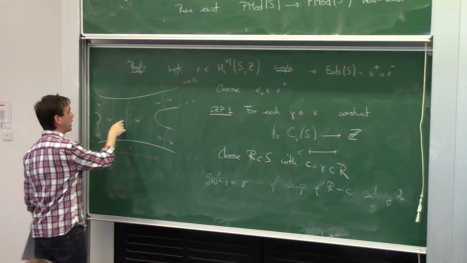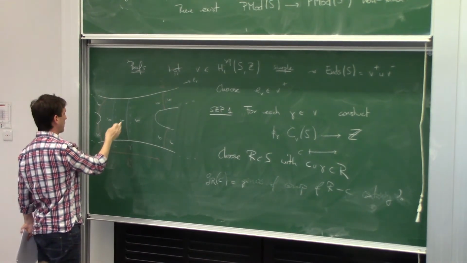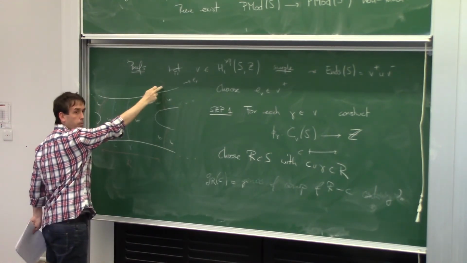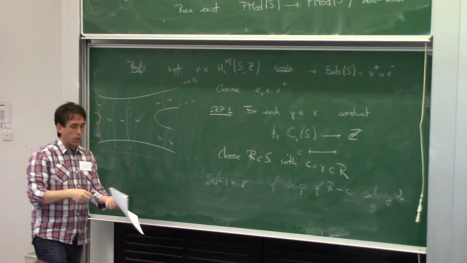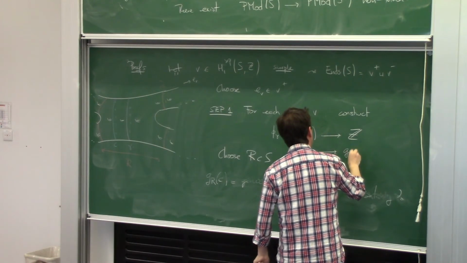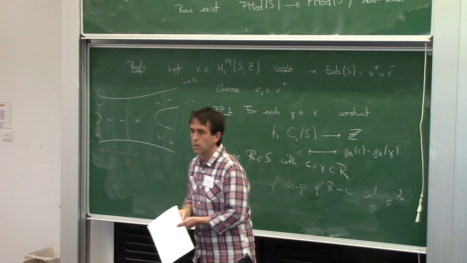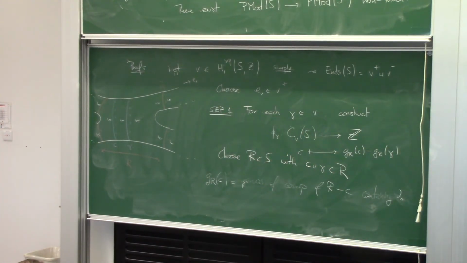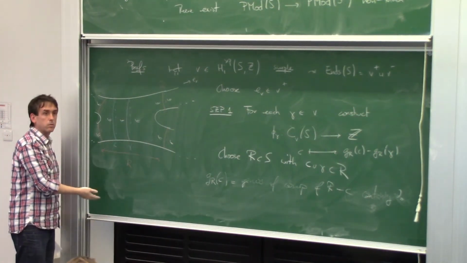So, 4. Okay, so the R minus C, and I look at the component containing delta 0, so that number is 4 here. So the number I put here is GRC minus GR. Okay? And obviously, from this picture, you can see that this map is non-trivial.